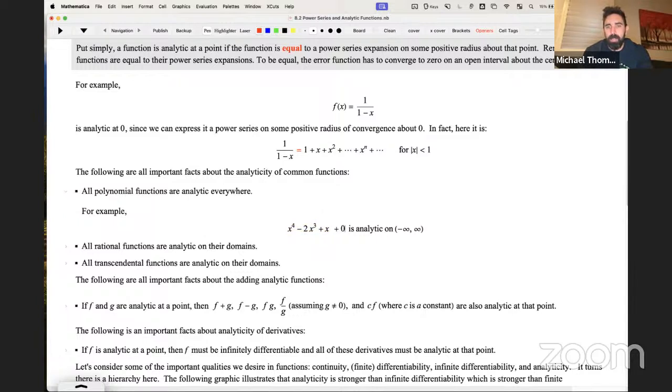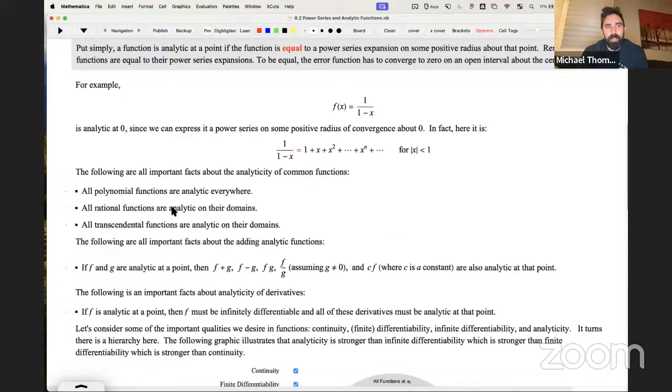There's a plus 0, plus 0, plus 0, and so on and so forth, right? And this one happens to be centered at 0. Now, you could rewrite it so it's centered at 1. You'd have to rewrite all these so they had x minus 1s, right? So polynomials, by their very nature, are analytic everywhere because you can always just rewrite them so they have a new center wherever you want.